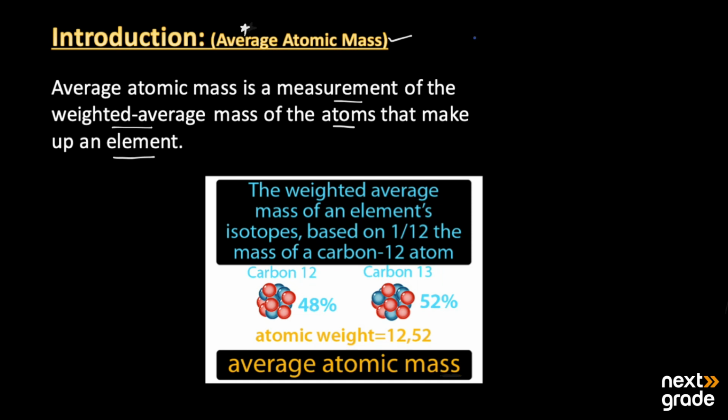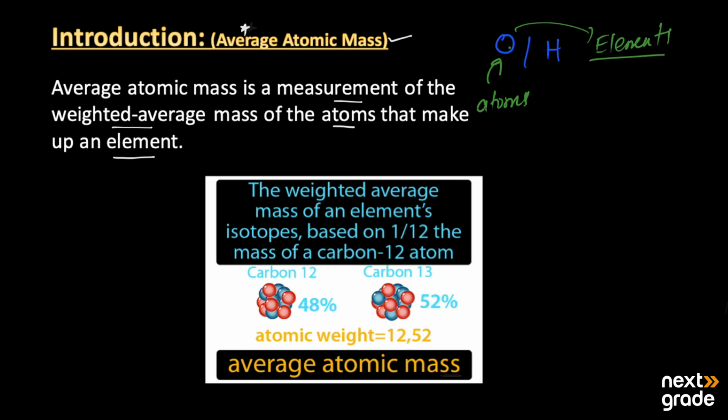So here, if we have any element like oxygen or hydrogen, what type of atoms are going to make up these elements?